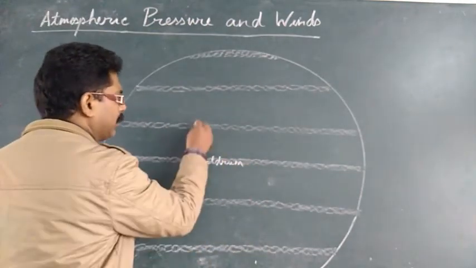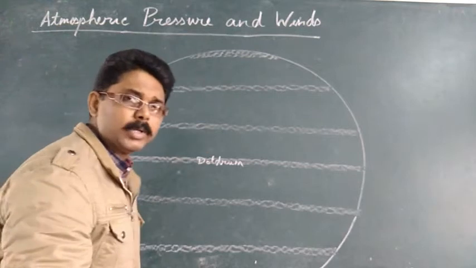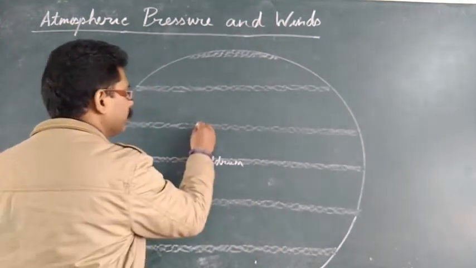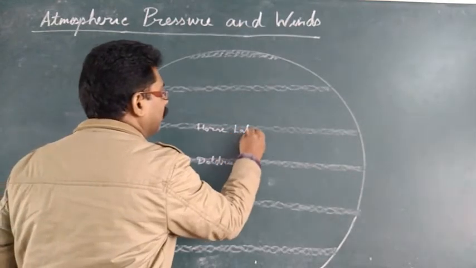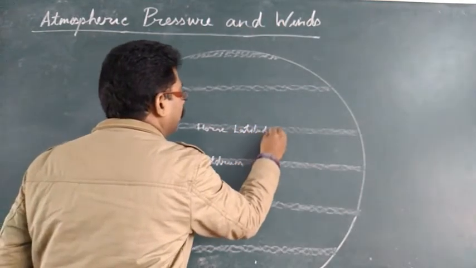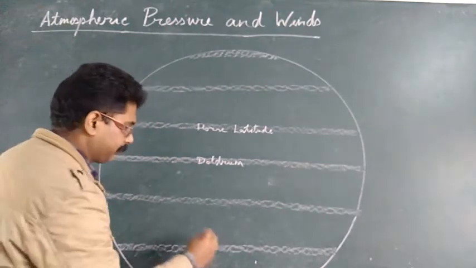In the subtropical region, these belts are known as the horse latitude. They are the high pressure belt.